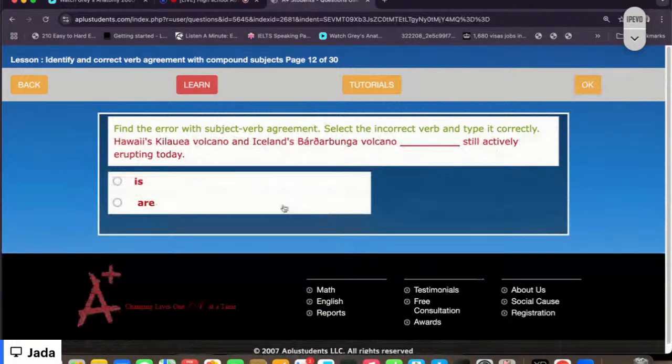So Hawaii's Kilauea volcano and Iceland's Bárðarbunga volcano dash still actively erupting today.